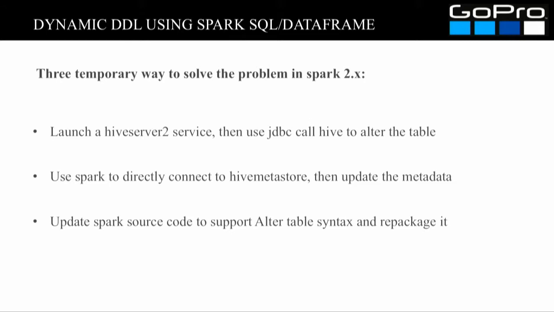For our scenario, we couldn't repackage our Spark because we depend on our vendor. What we did is we call some Spark internal API to update our metastore. I'm not going deep into this. If you have a similar problem, you can contact us after this talk.